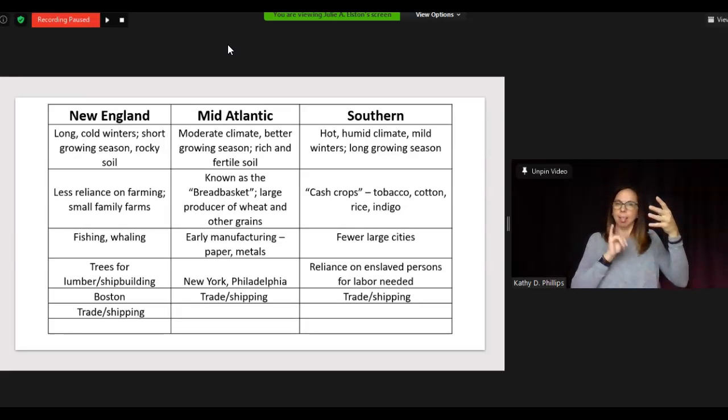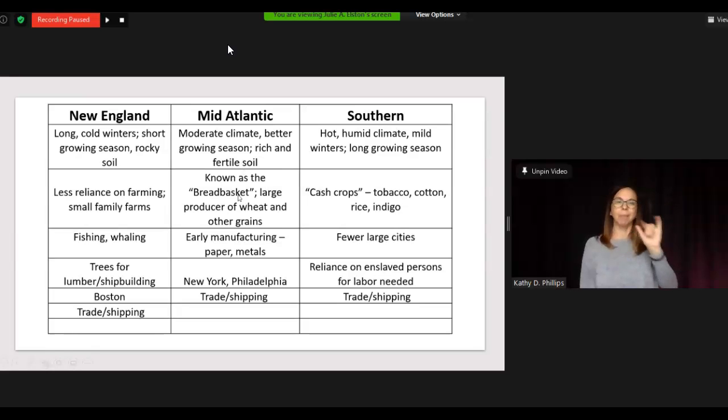So instead, New Englanders turned to fishing and whaling. They used their natural resource of trees, cutting them down and using them for lumber to build ships. Lumber was a huge export back to England. And of course, they had a lot of trade and shipping from their coastal cities, such as Boston.